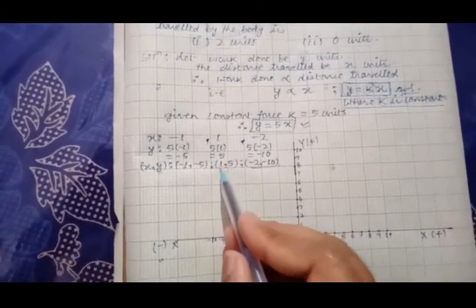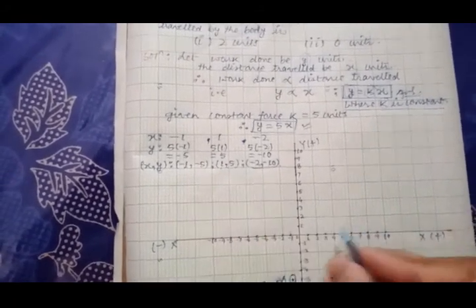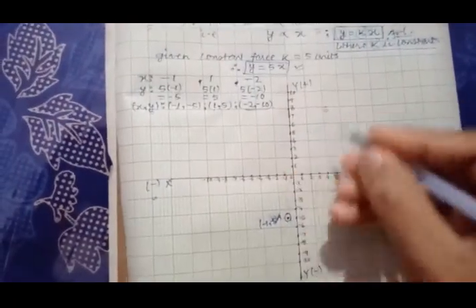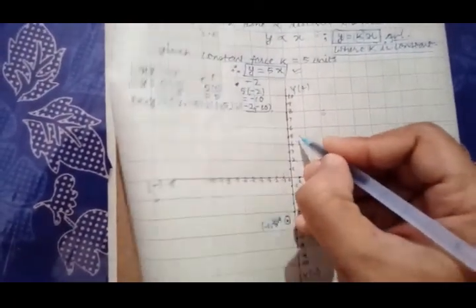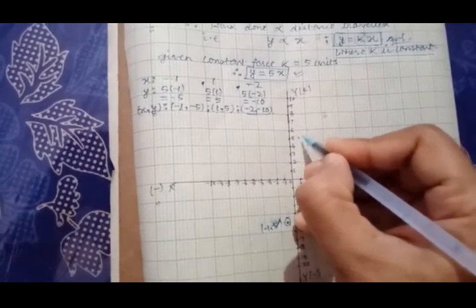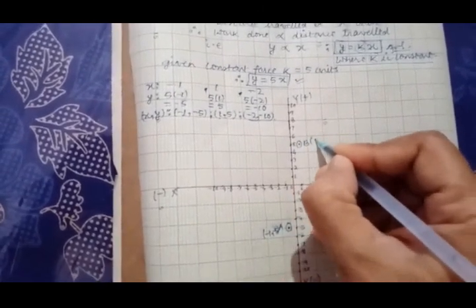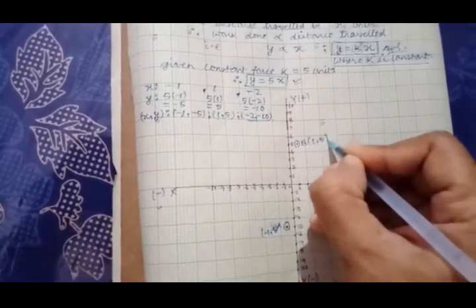And second one is plus 1 comma plus 5. It will be here, point B having coordinate plus 1 comma plus 5.